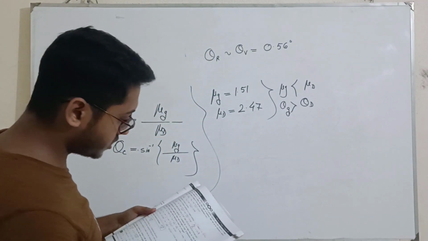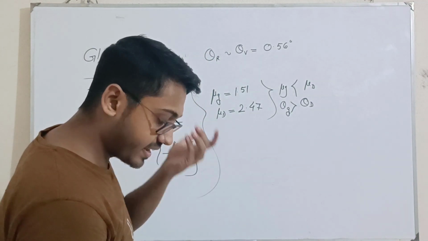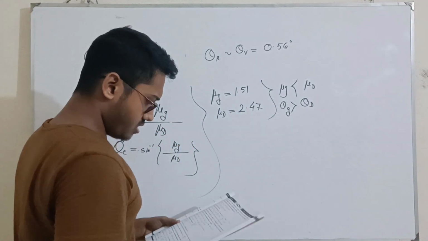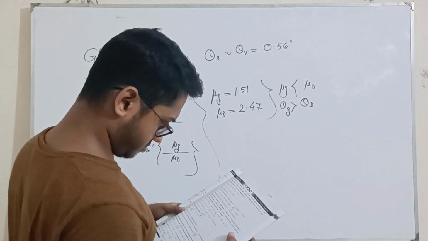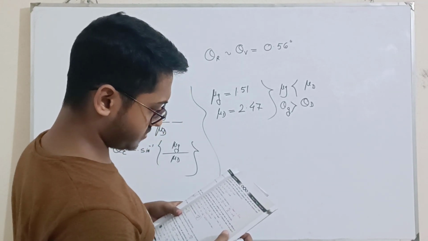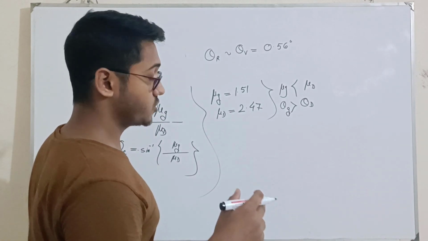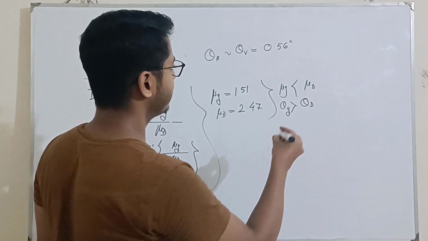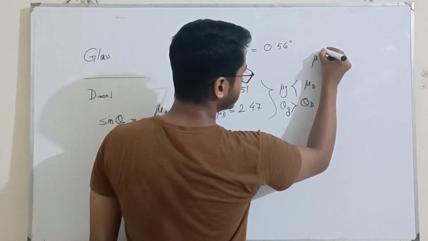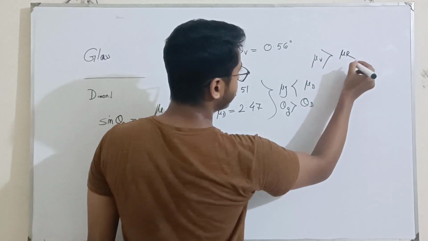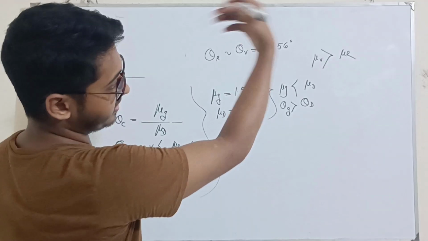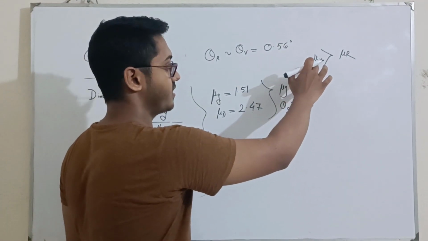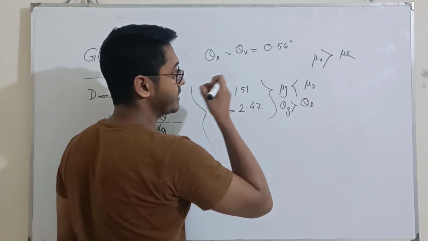So from here we can conclude the medium whose refractive index is lower will have a greater critical angle. So the refractive index of violet light is greater, that is nu V should be greater than nu R. The refractive index of violet light is greater than the refractive index of red light.